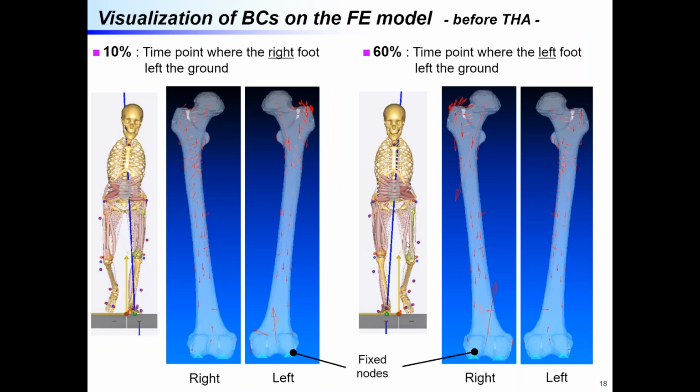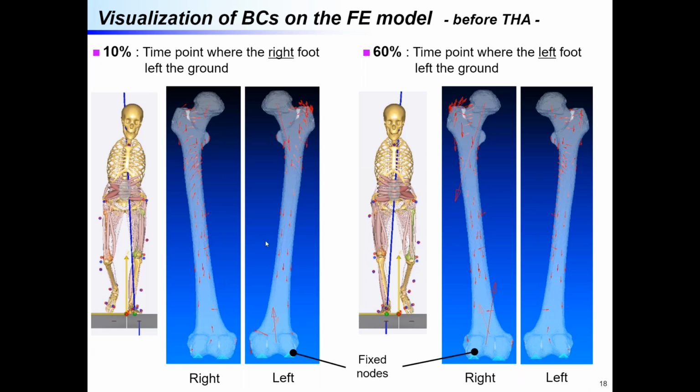This slide shows visualization of boundary conditions on the FE model before THA at the 10% time point and the 60% time point. For finite element analysis, we fixed some nodes on the knee. If this subject was healthy, symmetric boundary conditions would be obtained.